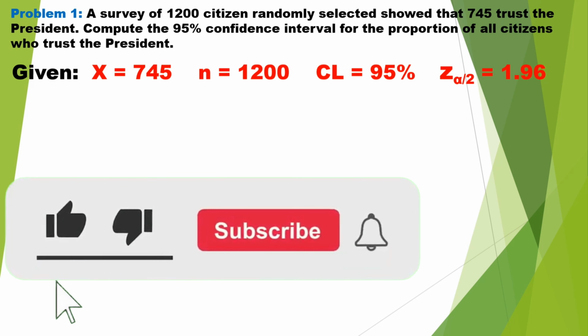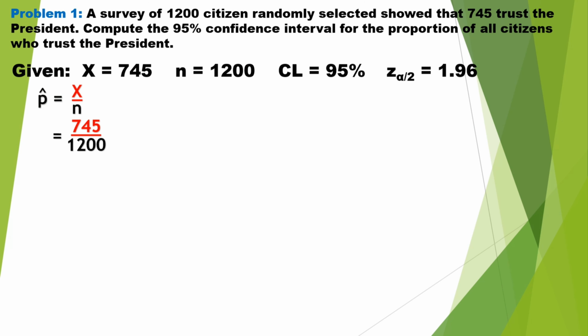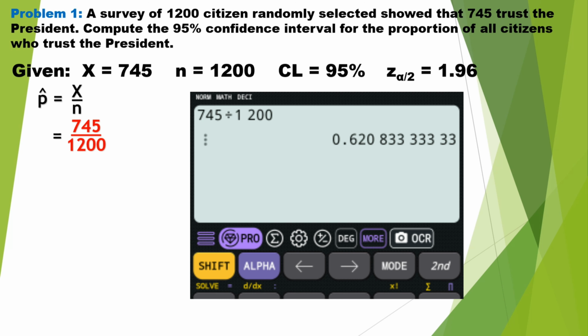Start solving by identifying the P hat whose formula is X over N. Substituting X to 745 over N, which is 1,200. Continue by simplifying 745 divided by 1,200. Its quotient is 0.621 rounded off.